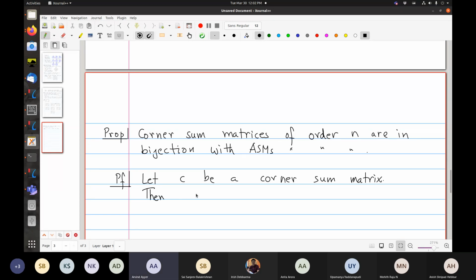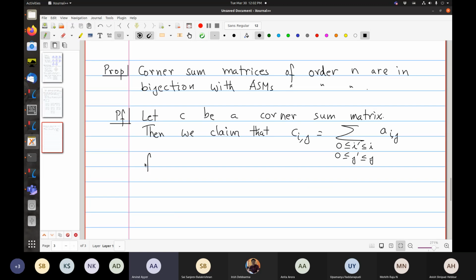Then we claim that Cij is the sum, 0 less than or equal to i prime less than or equal to i, 0 less than or equal to j prime less than or equal to j, of Aij for some ASM.